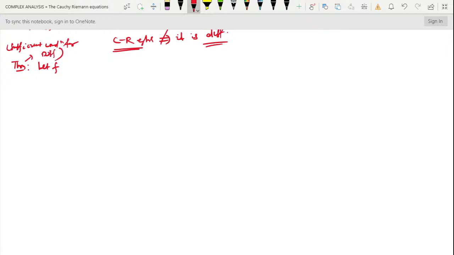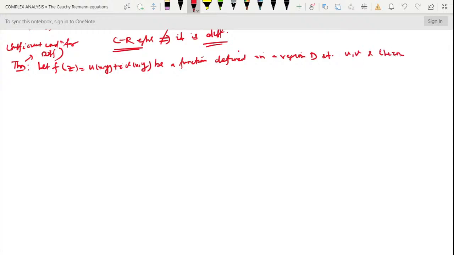Let f of z equal u of xy plus i times v of xy be a function defined in a region D such that u, v and their first order partial derivatives are continuous in D.